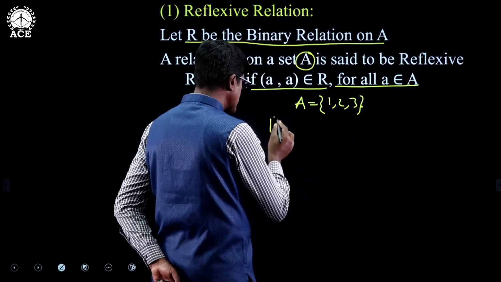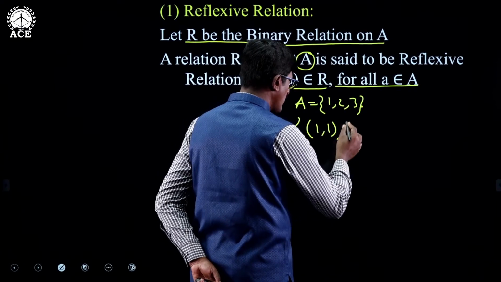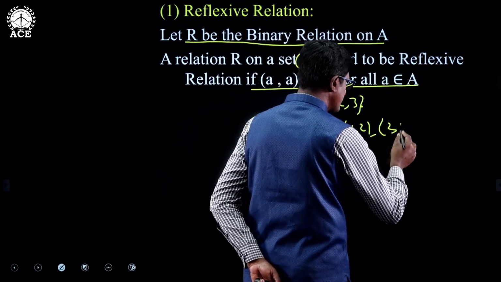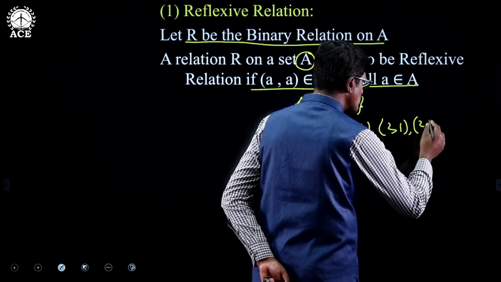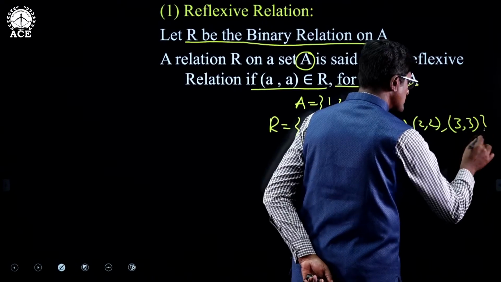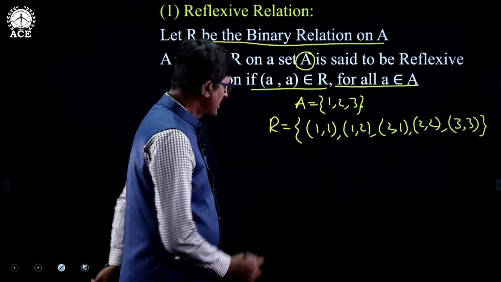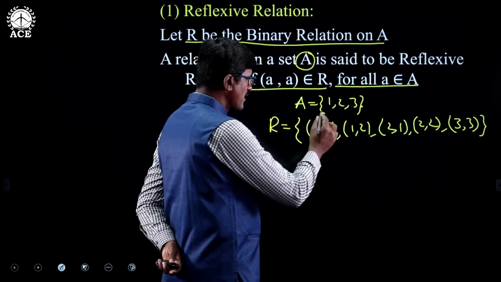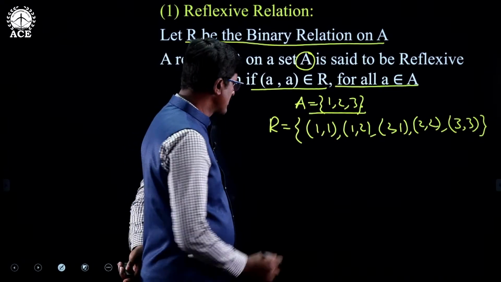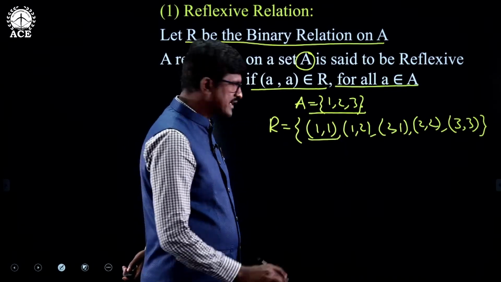And the relation R is equal to {(1,1), (1,2), (2,1), (2,2), (3,3)}. So this is one relation defined on the set A. If you observe this relation, for every element in set A, there is a mapping to itself. That is, (1,1), 1 is mapped to itself.